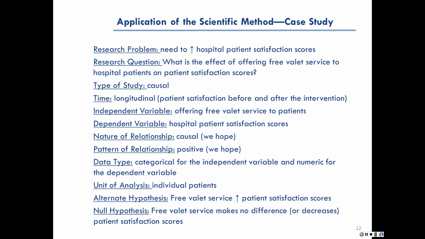And so our alternate hypothesis that we're constructing here is that free valet service increases patient satisfaction scores, meaning our null hypothesis, which is the mutually exclusive alternative, is that free valet service makes no difference or decreases patient satisfaction scores.